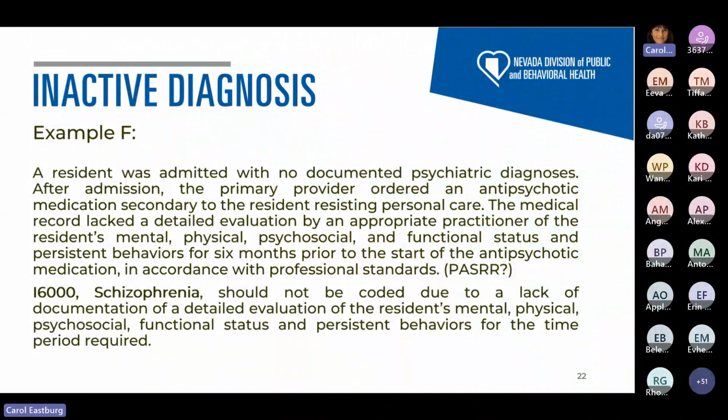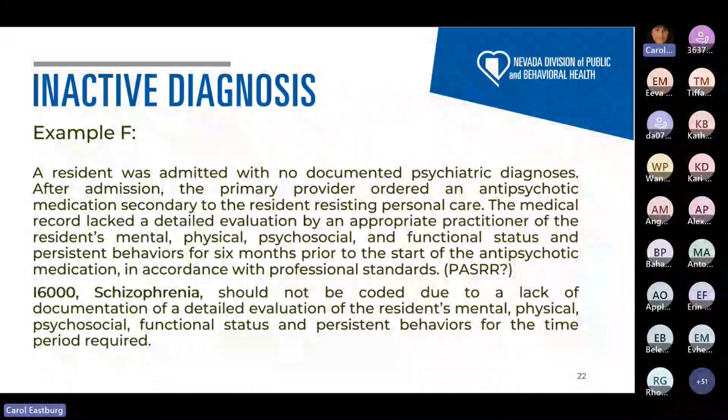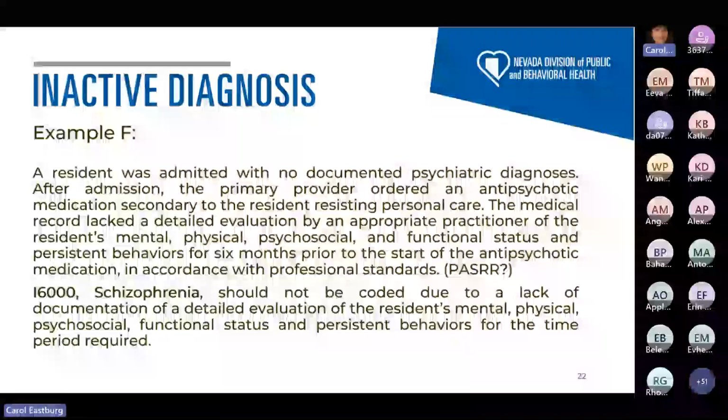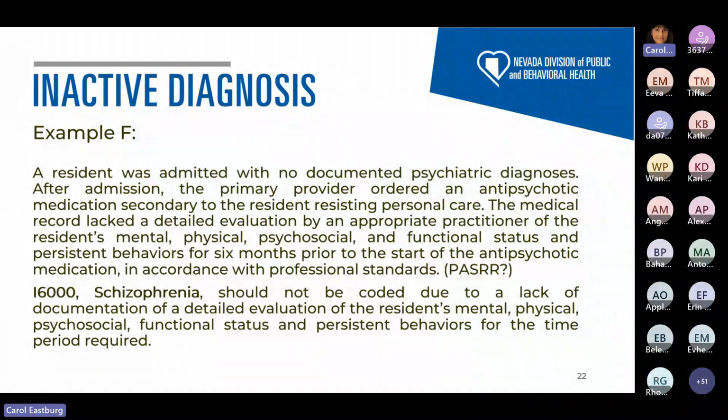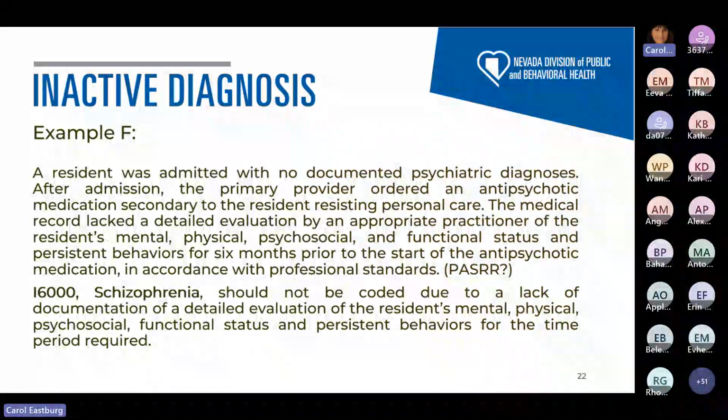We aren't given any details as to how the physician who ordered the antipsychotic diagnosed this resident with schizophrenia. So your question should be, why was the antipsychotic prescribed? It may have been because the resident was confused about their new environment and was resisting care from all these unfamiliar people.